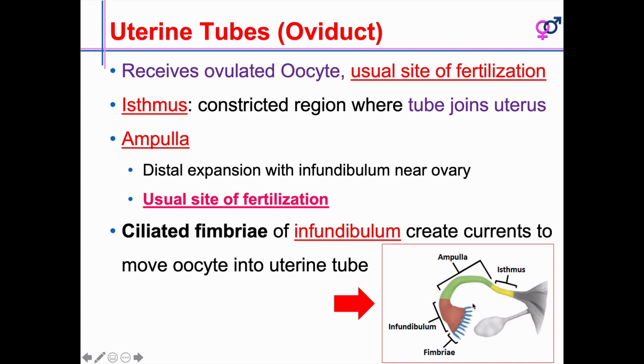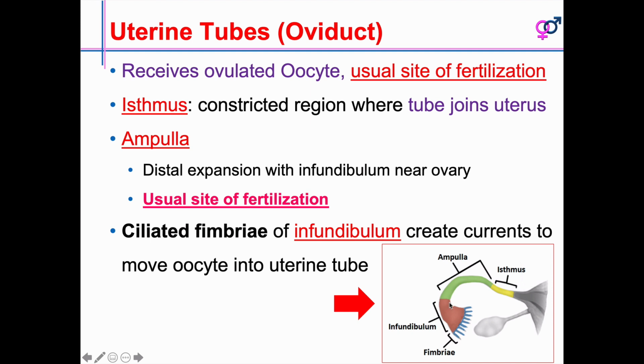Okay, let's have a few words about this fallopian tube. The fallopian tube is connected to the uterine wall, and these are the parts of the fallopian tube: the isthmus, ampulla, and the infundibulum, and the finger-like projections are called the fimbriae of the fallopian tube.